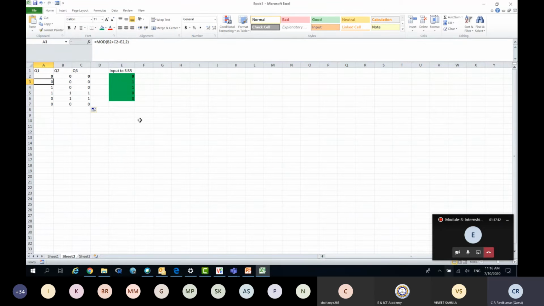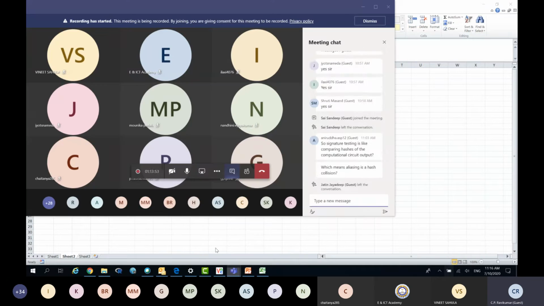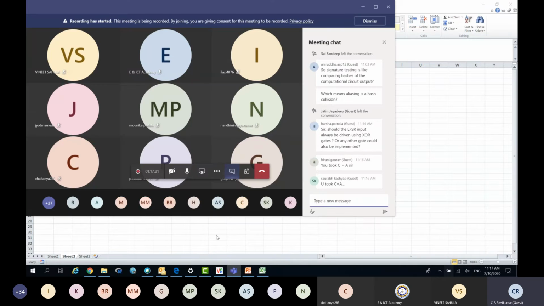Either this is wrong or the one which I did earlier is wrong. What is the mistake I did? You took C equal to A, sir. I have reversed everything. What did I do?